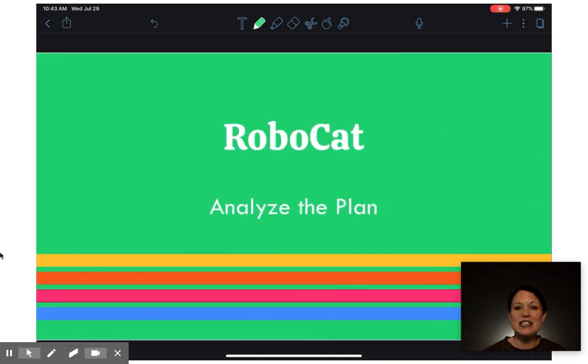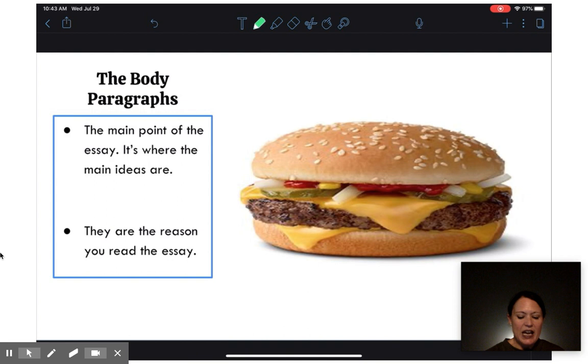So the first thing that we want to do before we start to write our first draft is we want to go back and look at our plan. We spent time on that. We want to make sure we use it. So if you remember from way back at the very first of the semester, we talked about how the body paragraphs were the yummy meat of our essay.